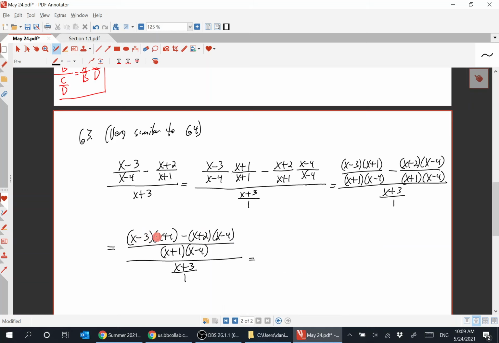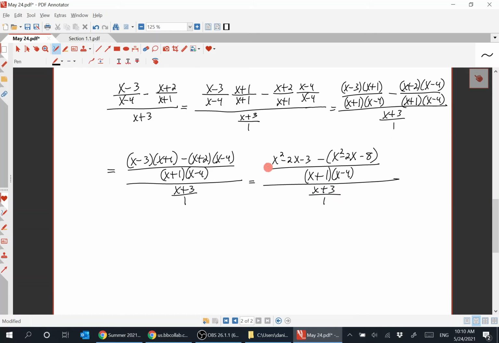So when I multiply this one out, using the FOIL mnemonic, it becomes x squared minus 2x minus 3. I'm going a little faster here. x squared minus 2x, minus 8, over x plus 1, x minus 4, over x plus 3 over 1.